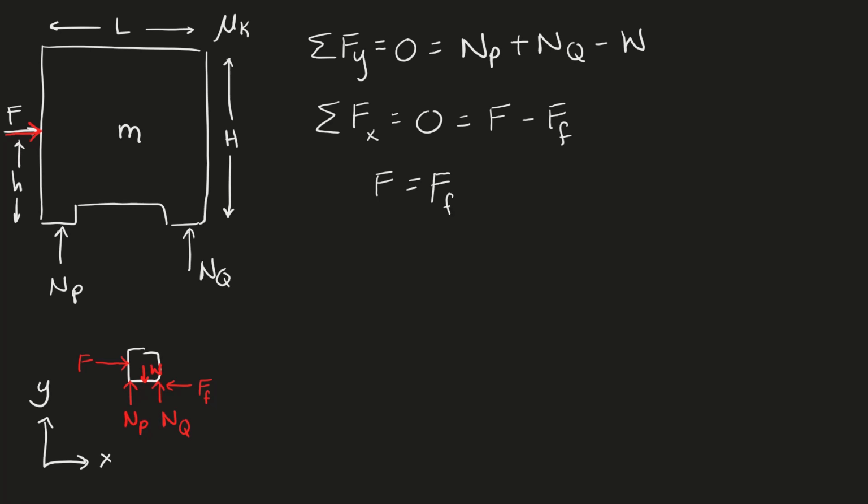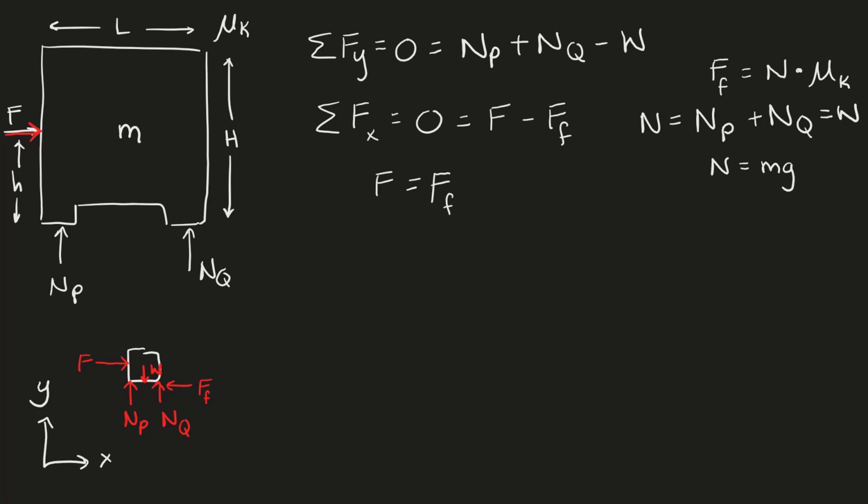And then we know, of course, that the force of friction is just equal to the normal times mu K, where the normal can be written as NP plus NQ, and that's actually going to equal the weight, or in terms of the variables given, it's going to equal mg.